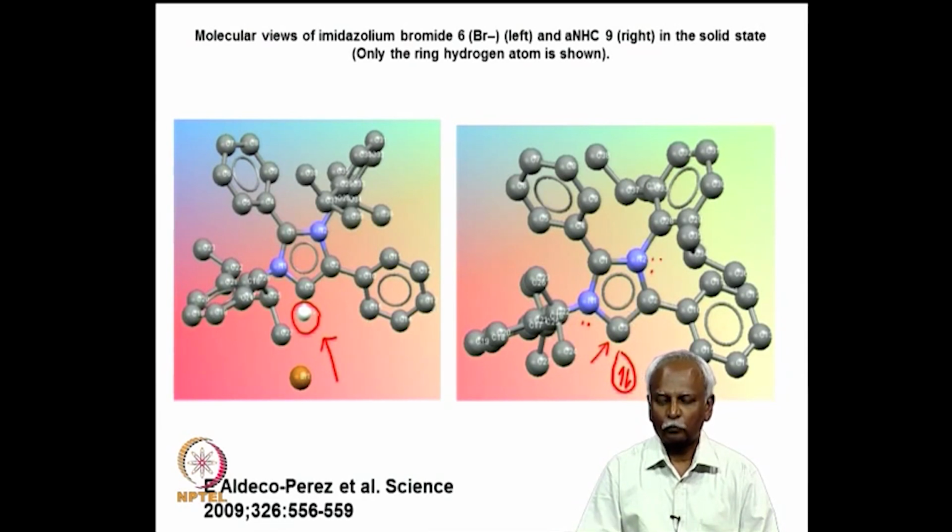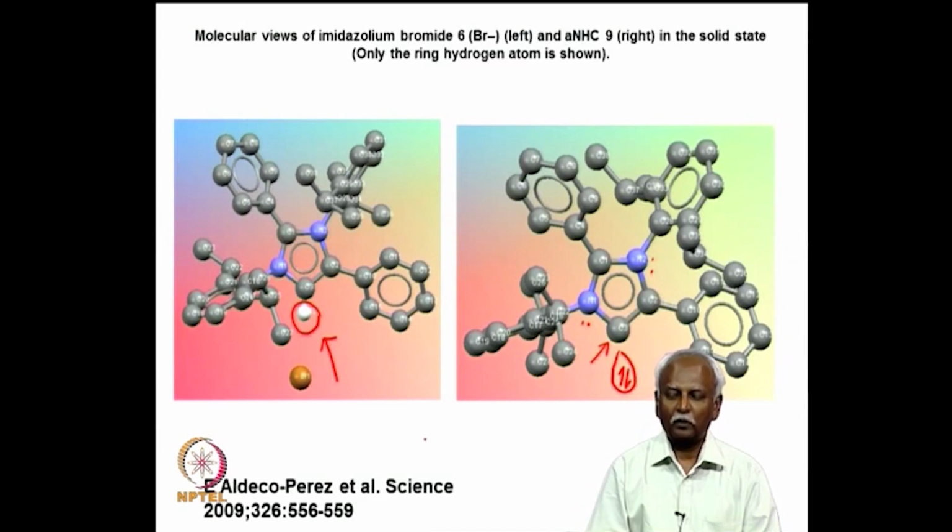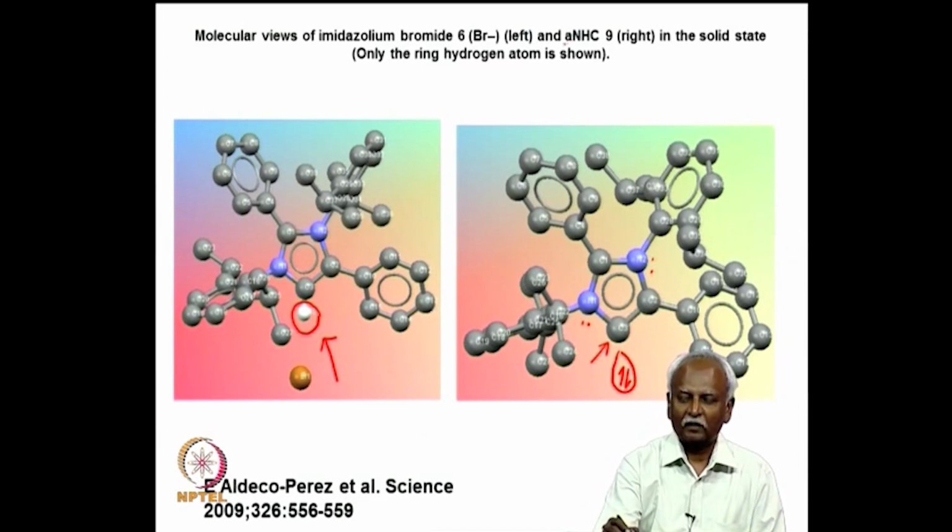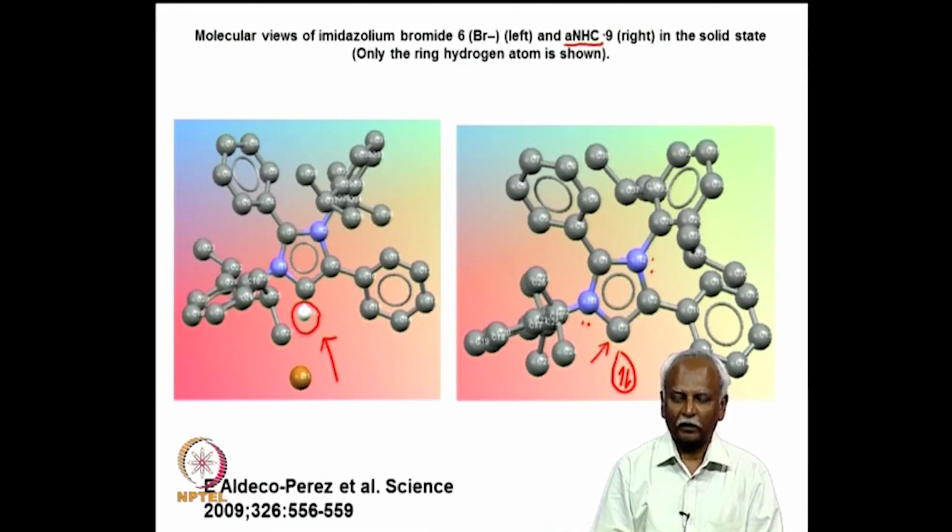Nevertheless, this now forms a carbenic system, and it can be coordinated to a metal atom, just like we coordinated the normal N-heterocyclic carbene. These are called ANHC, pictured here, abnormal N-heterocyclic carbene.